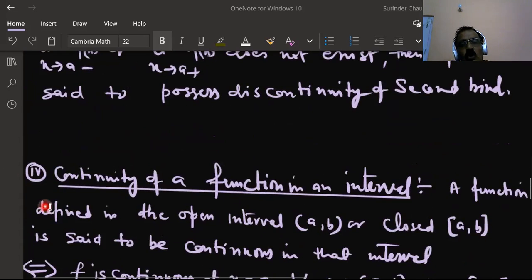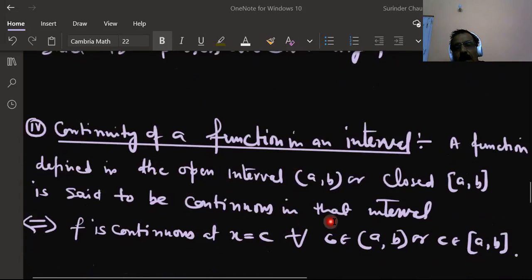Now, continuity of a function in an interval. We discussed continuity at a point. Now we'll discuss continuity in an interval. A function f(x) defined in an open interval or closed interval is said to be continuous in that interval if and only if f is continuous at every point of this open interval or every point of this closed interval.